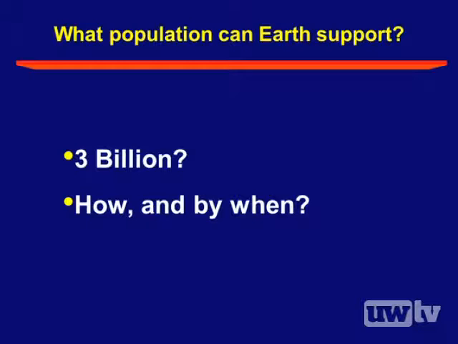He had some rationale for that. But if you think about it, if it is something of that order of magnitude, how are we going to go from a population of 7 billion to 3 billion? How are we actually strategically going to do that? And by when? Reproductive health is clearly a critical field.